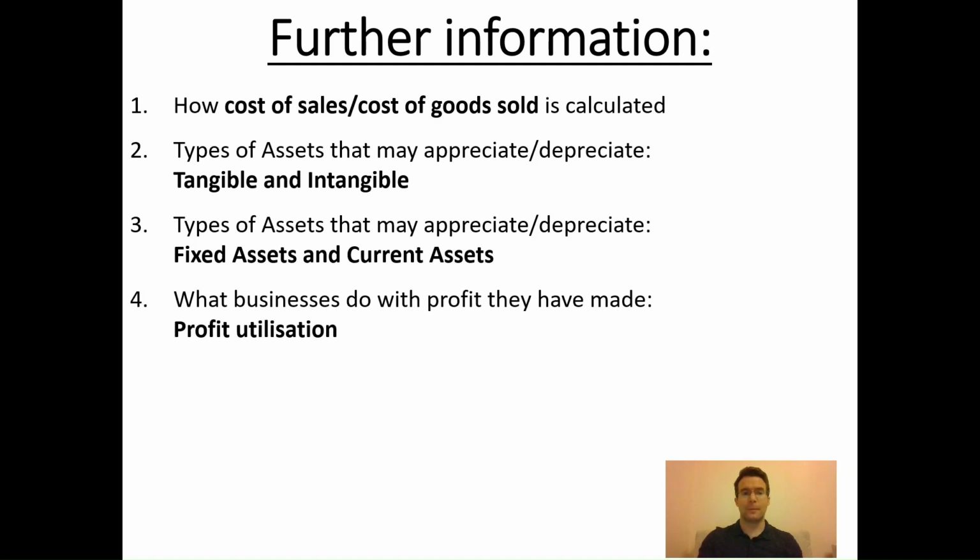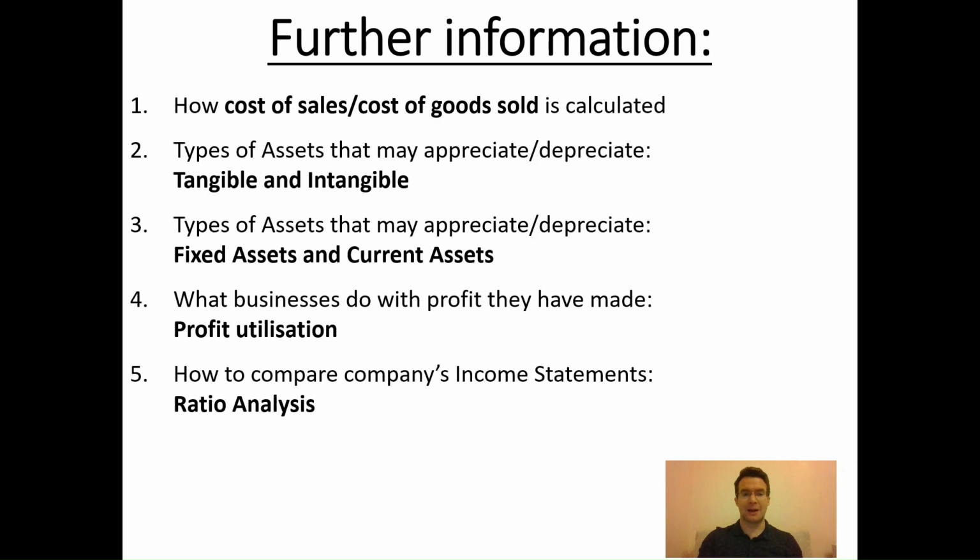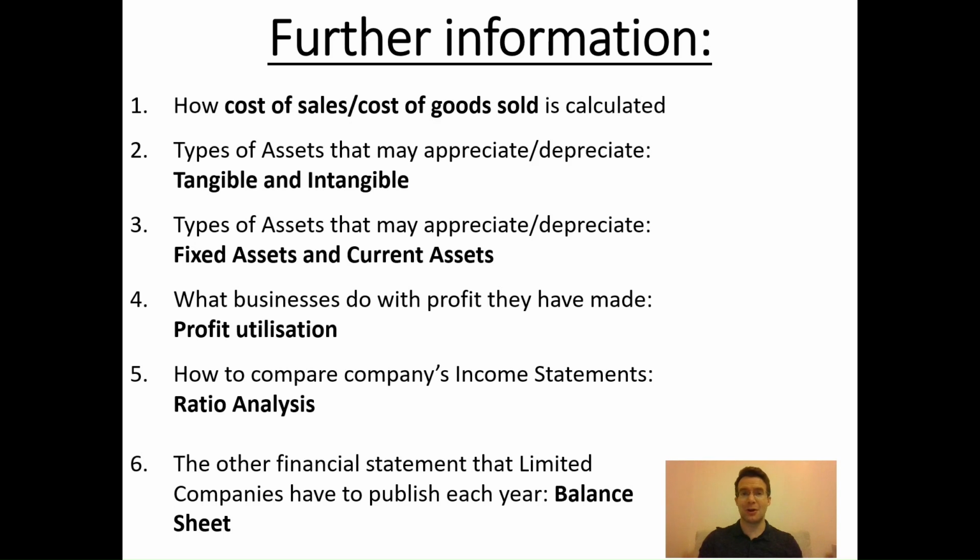Number 4, what businesses actually do with the profit once they've made it. A key topic to look at is profit utilisation. Number 5 is how to compare companies' income statements, the topic of ratio analysis. And the last one that you will need to be aware of when you come across financial statements is actually the other financial statements that private limited and public limited companies need to publish. That is the balance sheet.